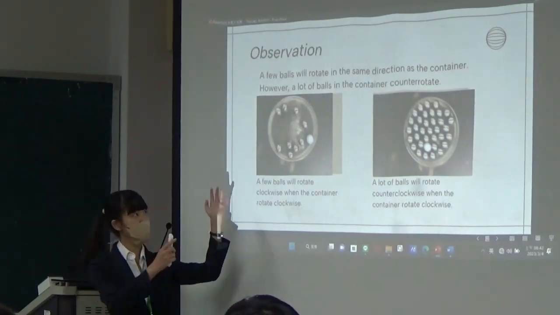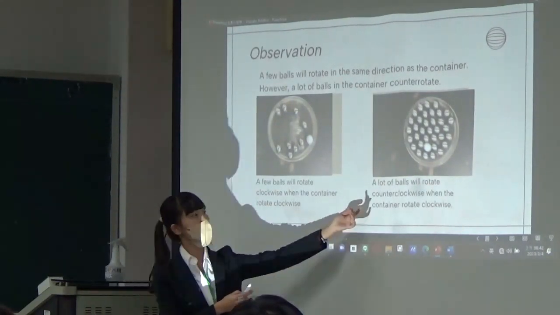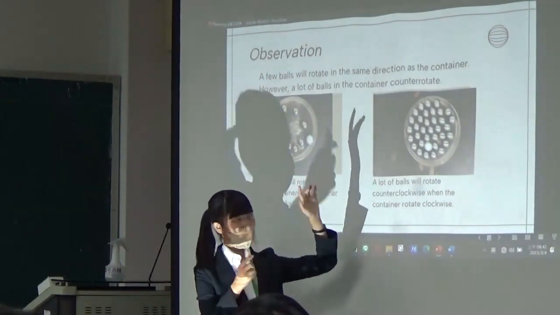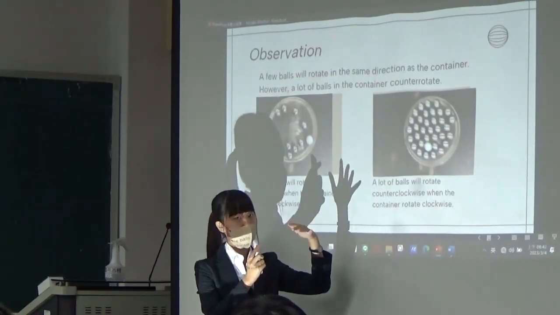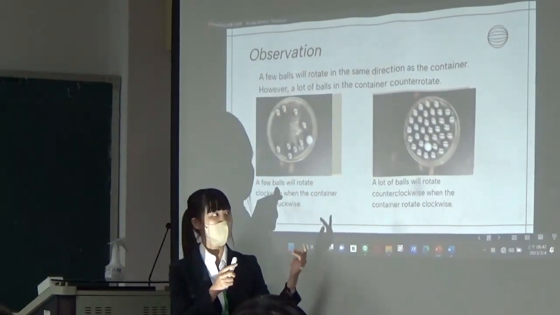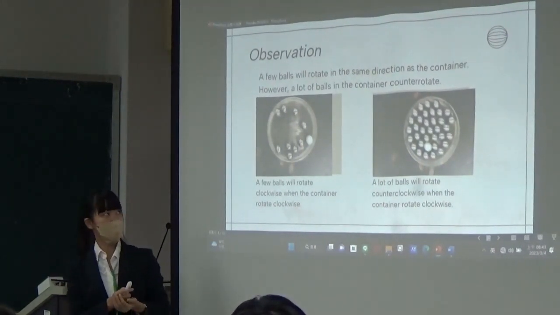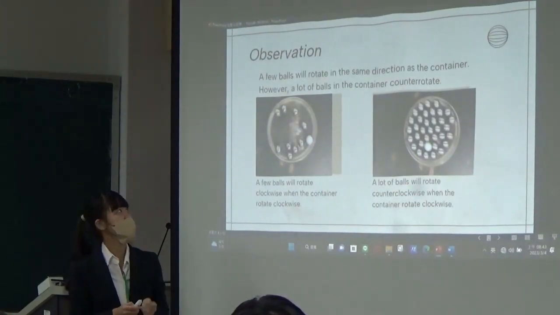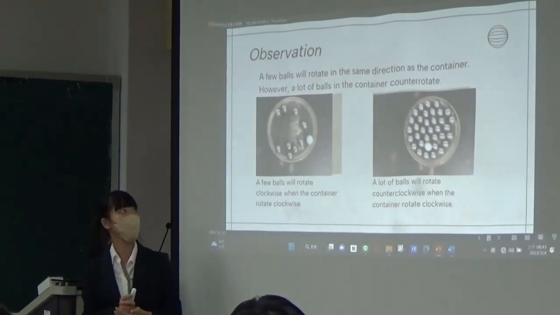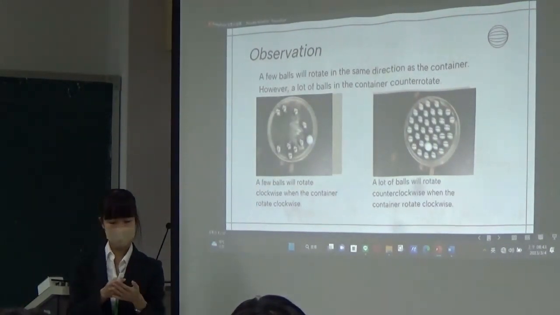So they're the same direction. And here, if you put a lot of balls in the container, the direction will be opposite to the container. So in short, a few balls will rotate in the same direction as the container. However, a lot of balls in the container will counter-rotate.